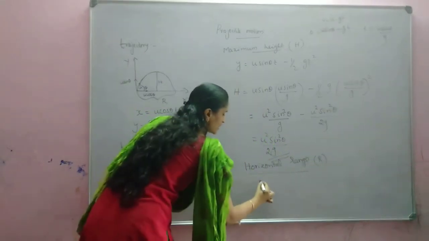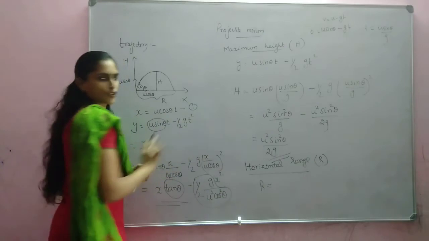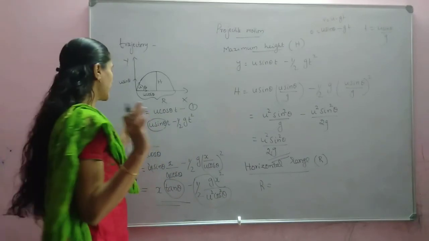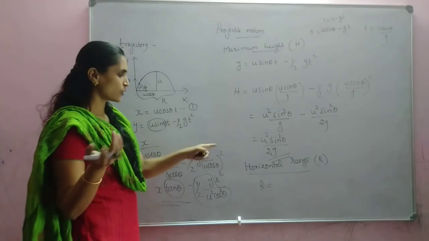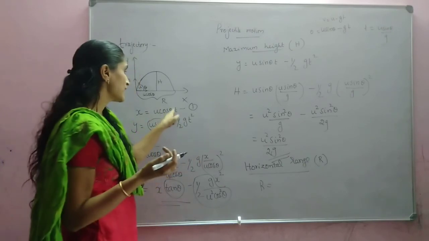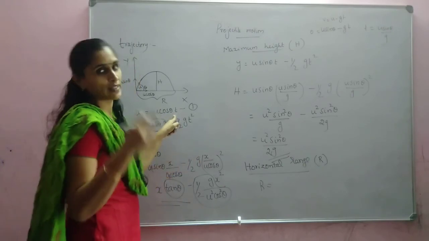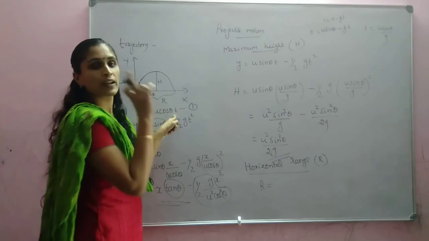So R, in the horizontal direction, horizontal displacement, we can write as u cos theta into t. Instead of t we have to write the expression for time of flight.